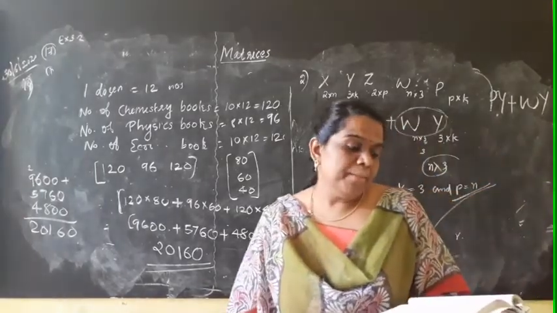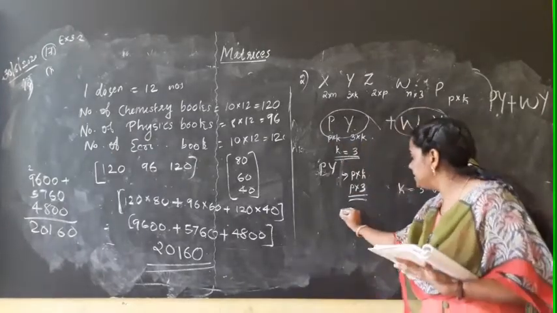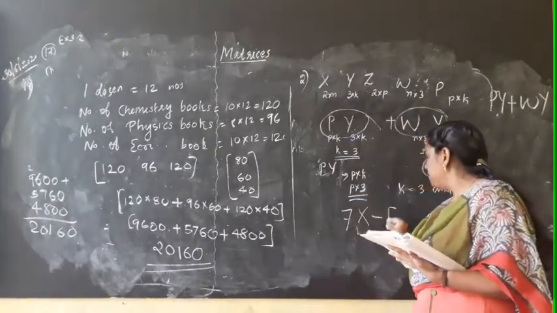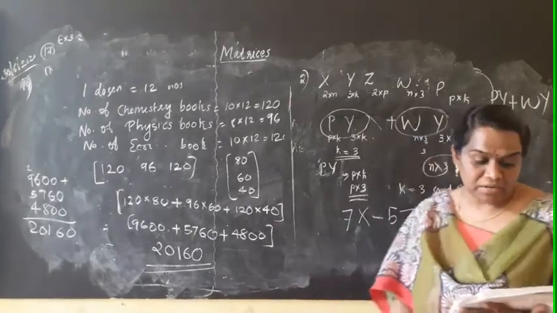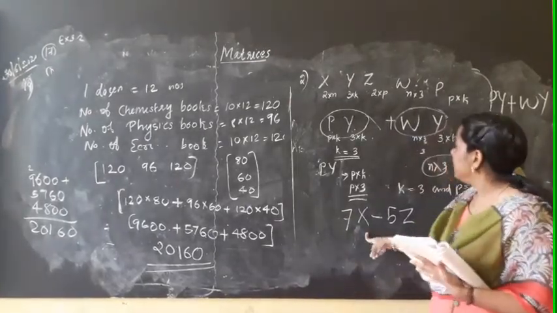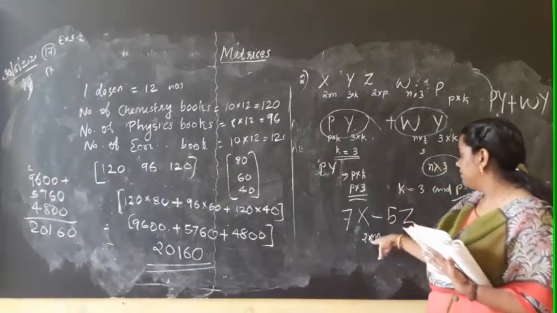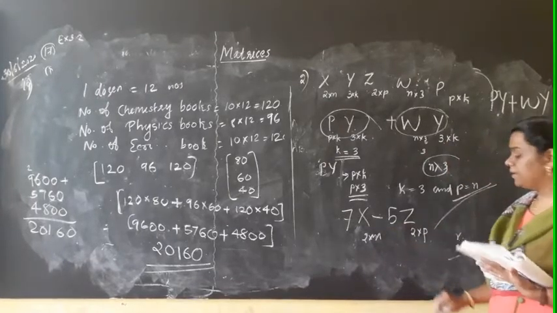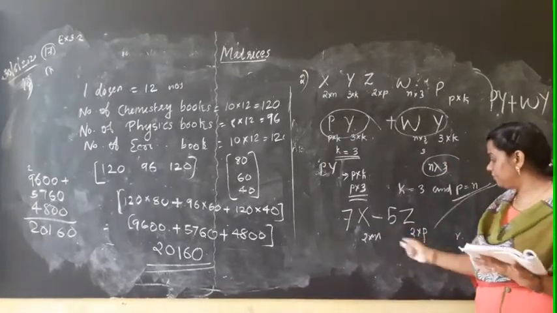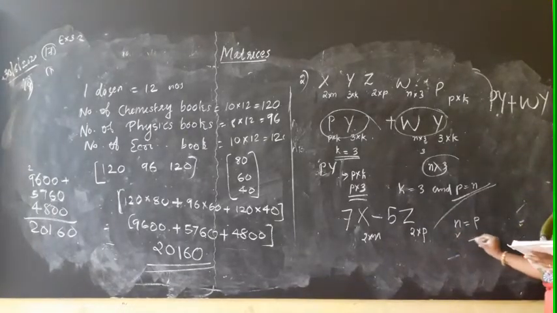Now the order of 7X minus 5Z: X is of order 2 by n and 5Z is of order 2 by p. Subtraction is possible if they are of the same order, that means n is equal to p.